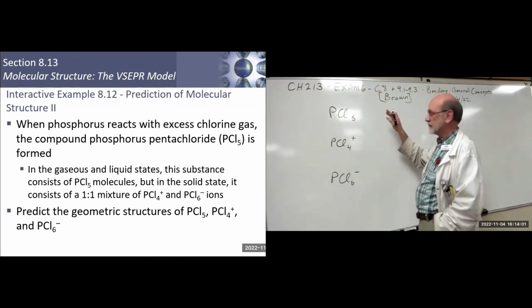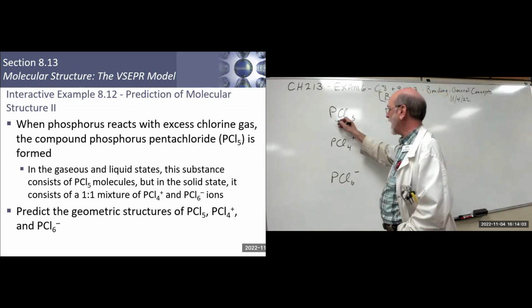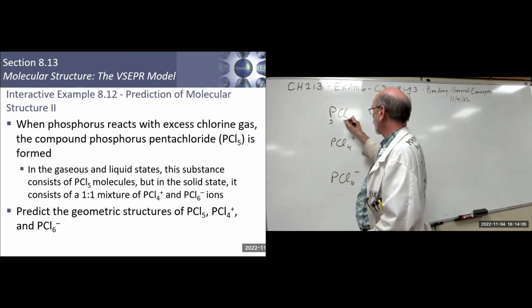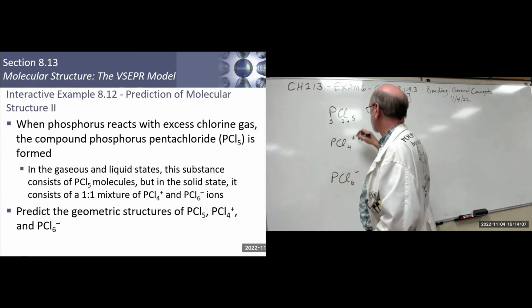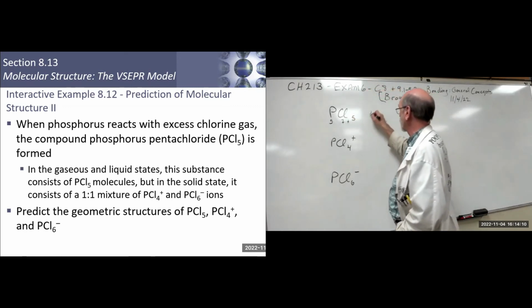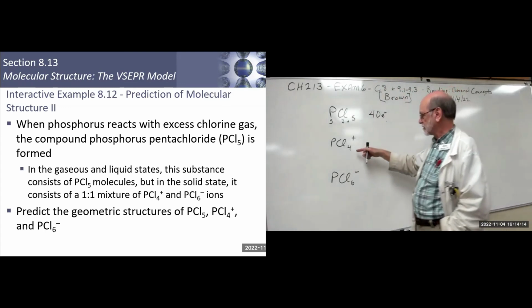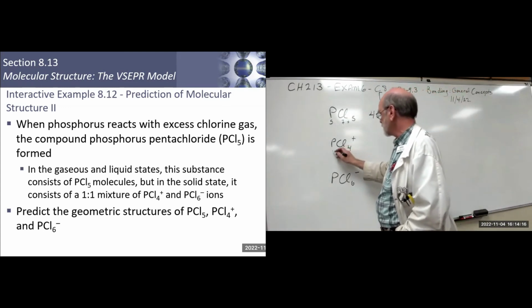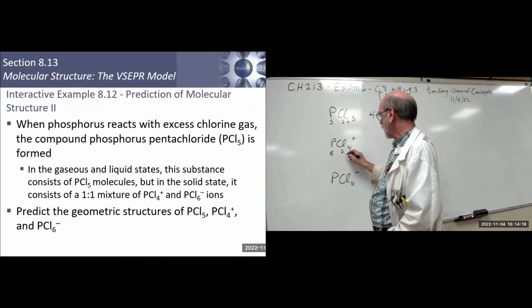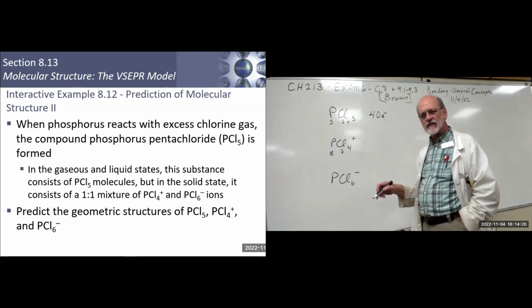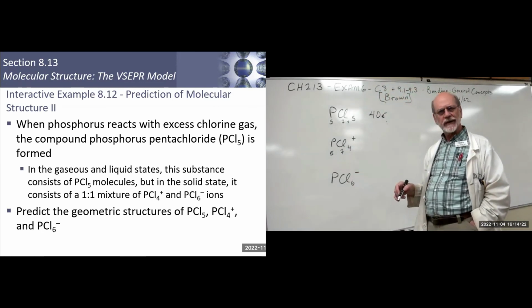Lewis dot structure. Phosphorus is 5. Chlorine is 7 times 5, so that's 35. That's 40 electrons, right? Okay. How about this one? Phosphorus is 5 again. 4 chlorines is 28. So 28 and 5 is 33.